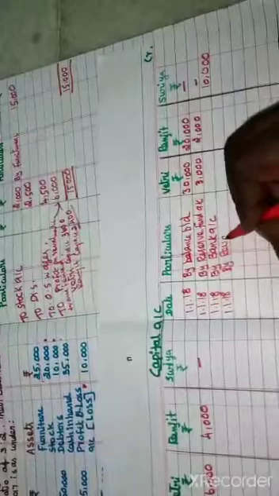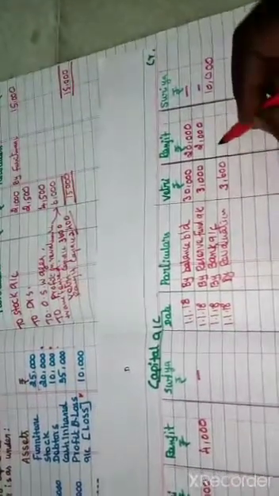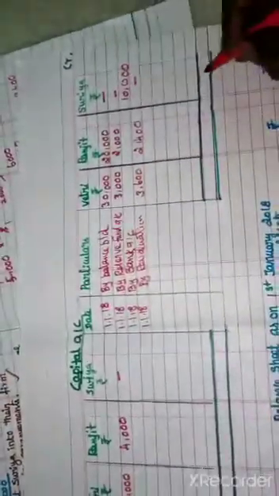So in the capital account credit side, 1/1/2018, by revaluation account, 3,600 to Vetri's capital account and 2,400 to Ranjit capital account. Here Surya didn't bring goodwill, and the revaluation profit should be distributed to the old partners alone, not to the new partner. Now we can balance the capital account. Here 10,000.